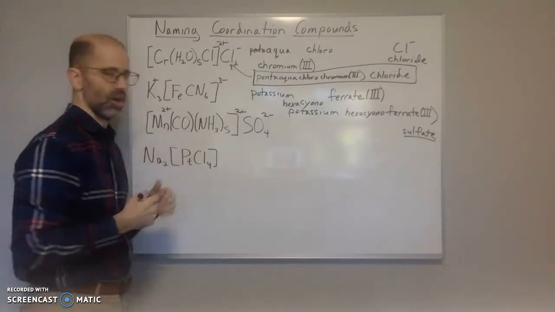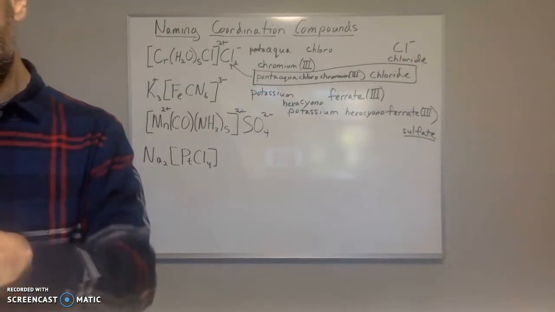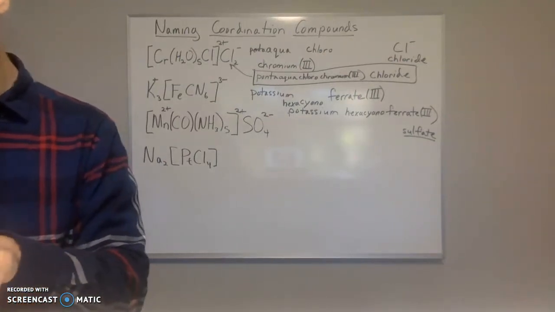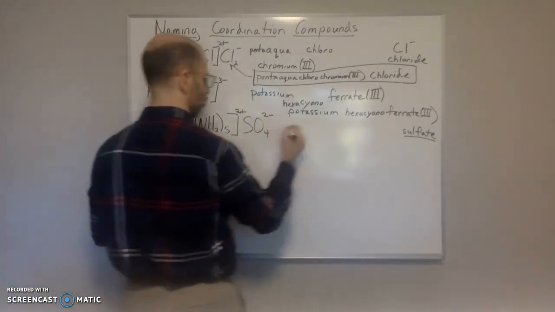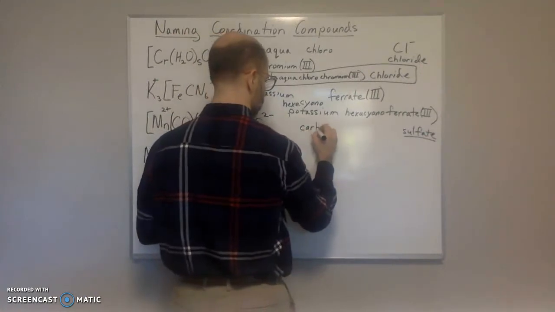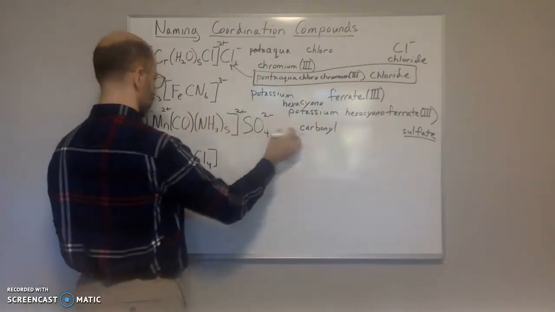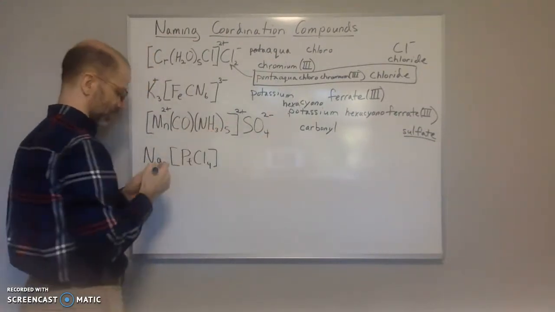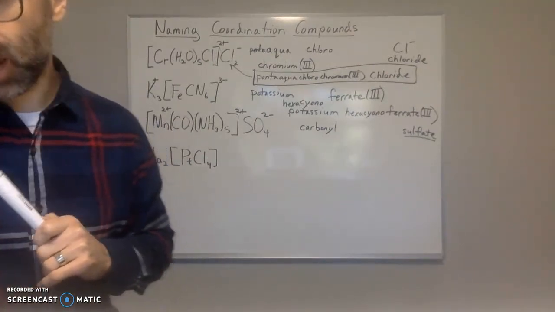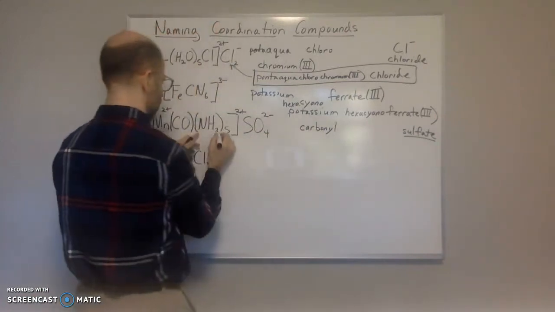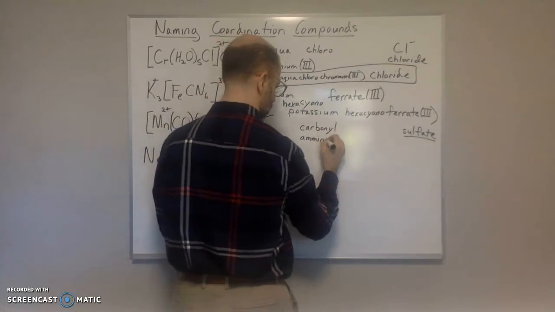So the way we're going to name CO, carbon monoxide as a ligand, we're going to call it carbonyl. We only have one, so we don't need a prefix. NH3 as a ligand, if we look that up, is called ammine.